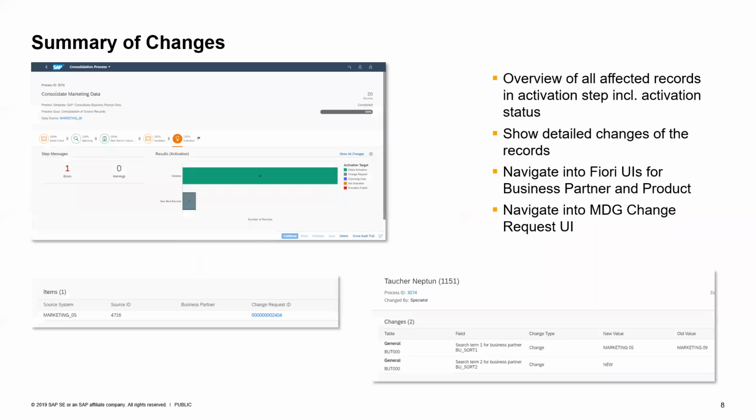I think one of the best new features is our summary of changes. So if you run a consolidation process, you did all steps after the activation, everything has been activated. But the problem was that if you have a look at the process, you were not informed which records you really have created and which records have been updated.